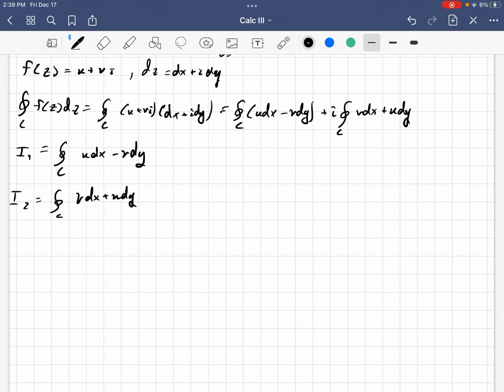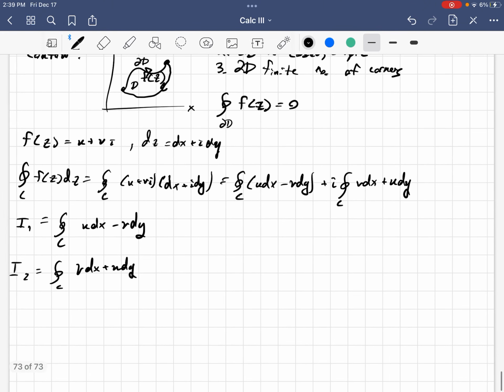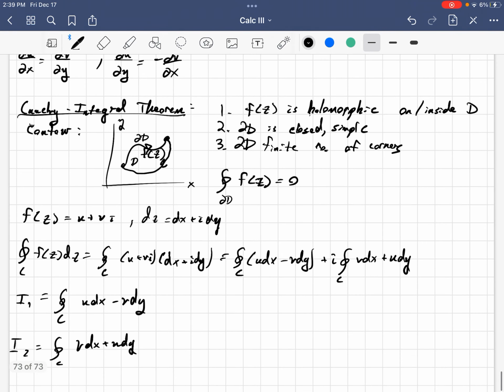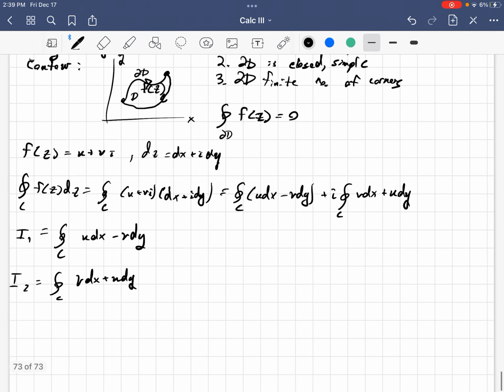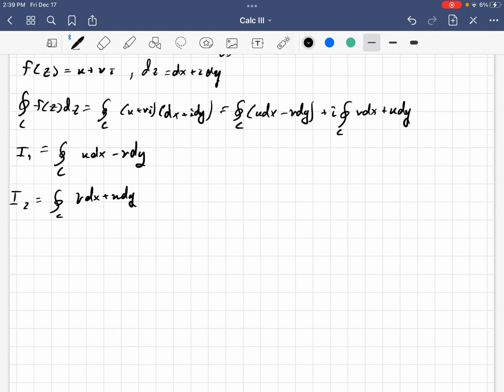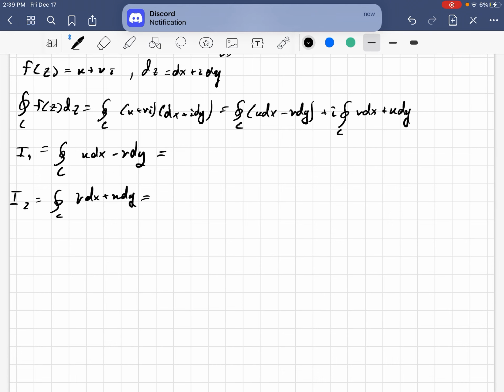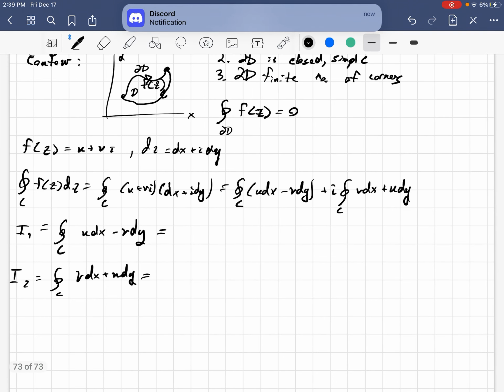Okay, and since these functions are holomorphic, everything is nice within the region, right? The partials with respect to x and y of u and v are going to exist and they're going to be continuous. And our region is simple and closed. Our boundary is piecewise smooth. We have all these conditions met. We can use Green's theorem on each of these curves. And I kept using C, I'm sorry. By C, C is the boundary curve of D.